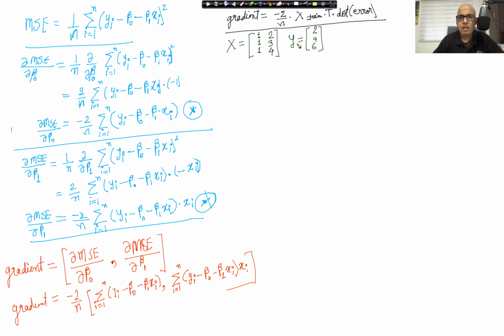These are the values for the target, the original values. Let me write this down. This is the feature matrix that we have. This is the target, and here this is the constant term that we have introduced, and that's our one feature that we have.